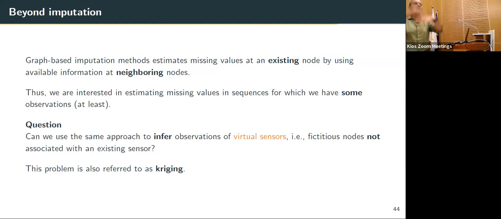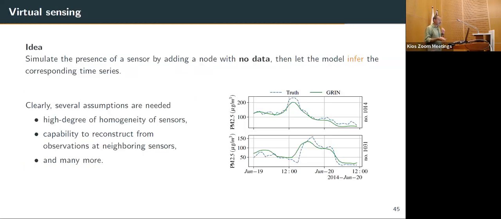So if we want to look at the temperature in this room, and I put a temperature sensor there, which is virtual, it's not there, we are able to infer what would be the value if the physical sensor was in there. What you can imagine and what you can get is really amazing.